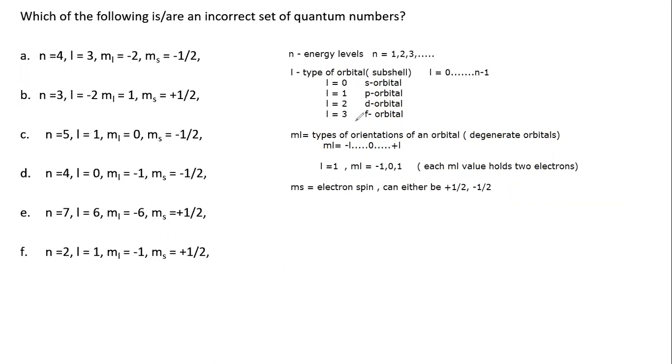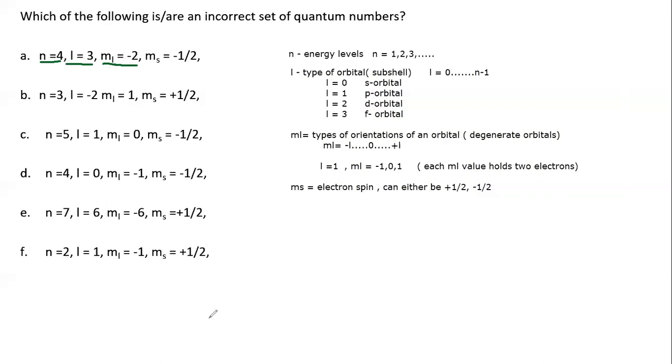Now we take a look at the quantum numbers here. We have n equal 4, L equal 3. Can L be 3 when n is 4? The answer is yes, because L is from 0 to n minus 1. M sub L is negative 2. If L is 3, can M sub L be negative 2?